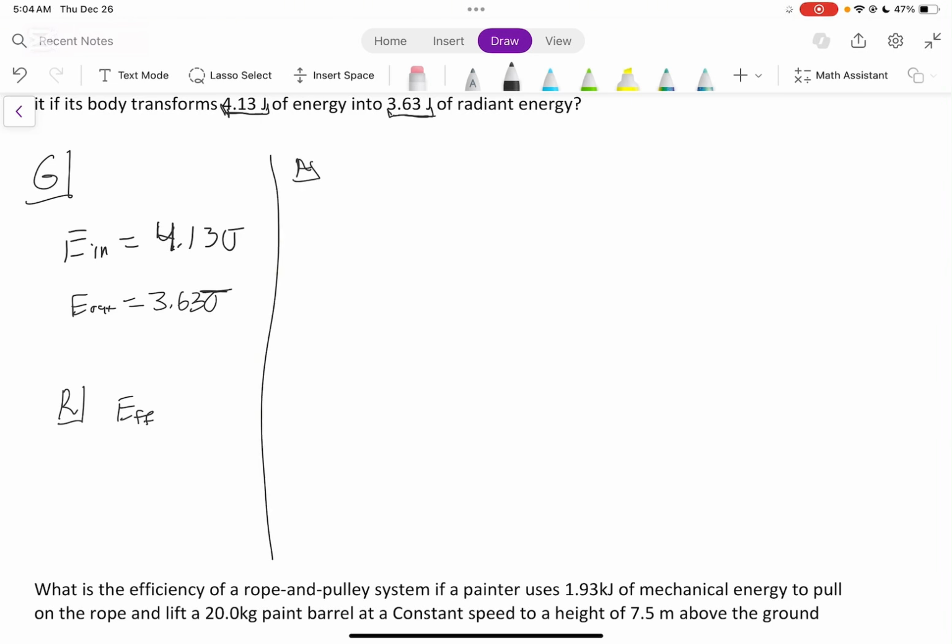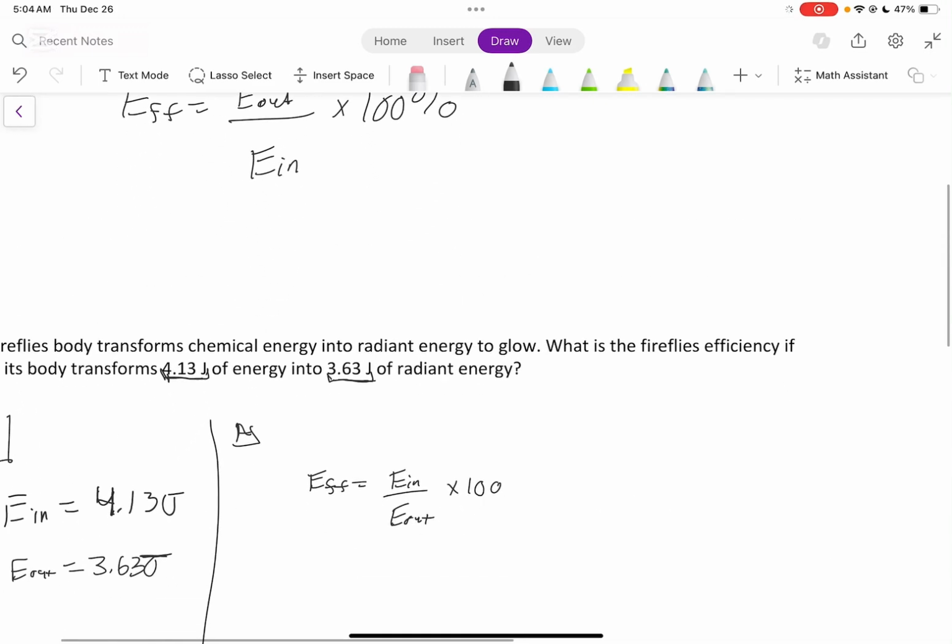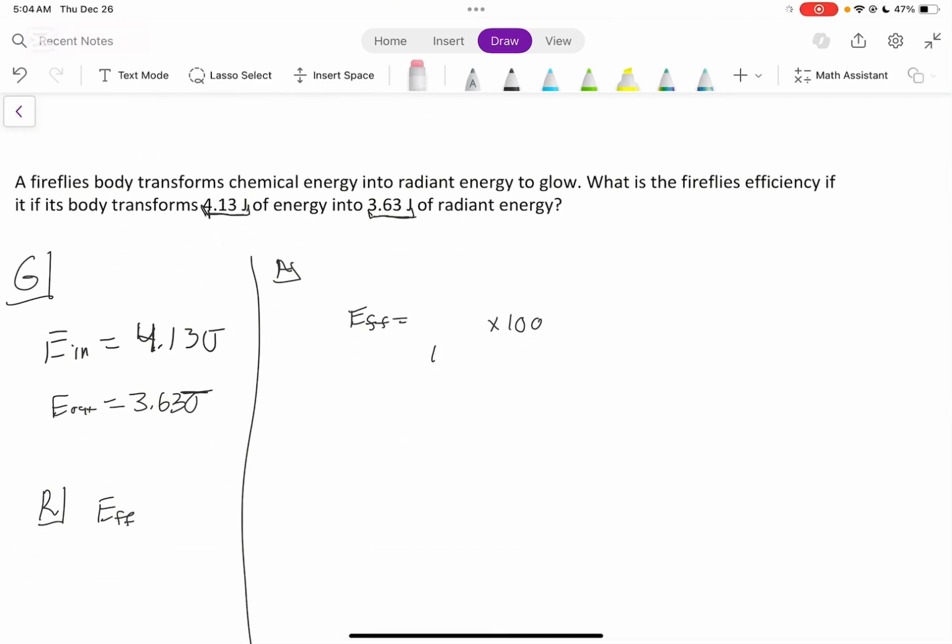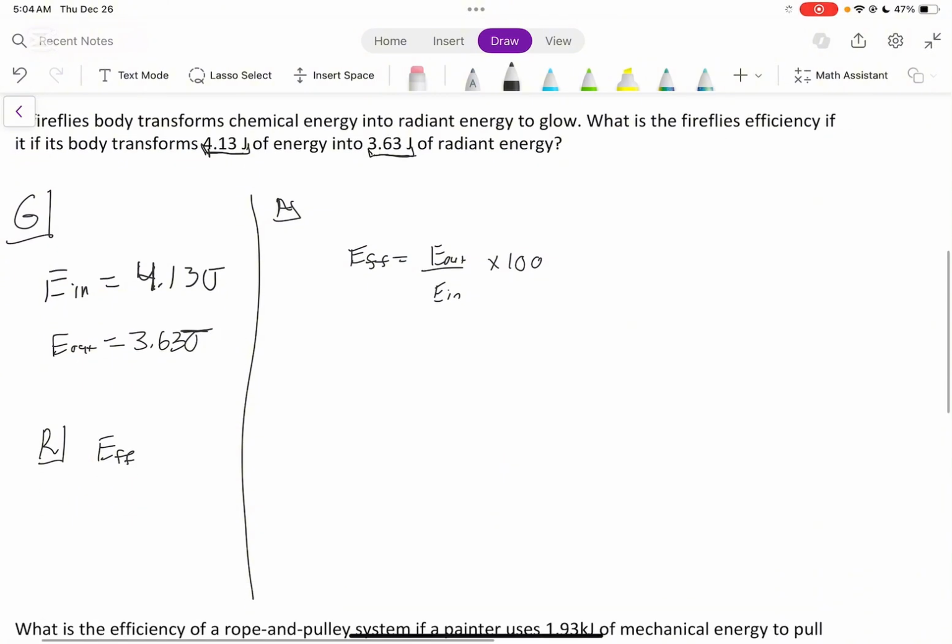So we can go into our analysis. We know that efficiency is equal to E in over E out times 100%. Pardon me, this is the reverse: E out over E in, and we're going to multiply that by 100. We already have our E out and E in, so we can go straight into our answer.